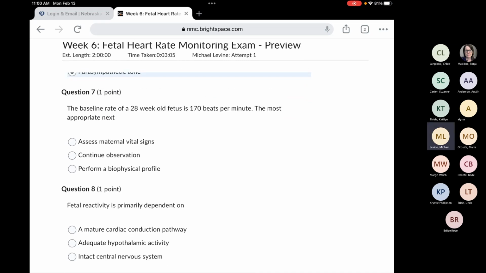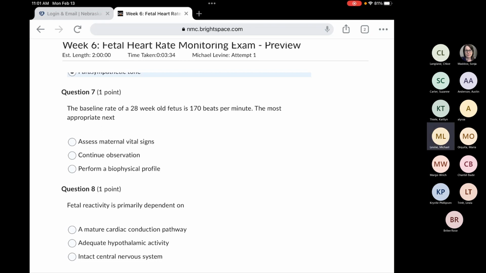Number 7, the baseline heart rate of a 28-week-old fetus is 170 beats per minute. The most appropriate next step would be, well, observation is partially correct. Biophysical profile, maybe not sure that's relevant, but we want to make sure that there's no maternal fever.